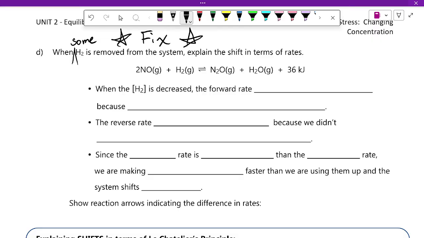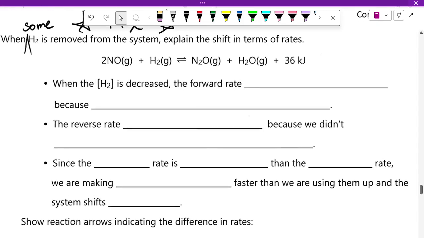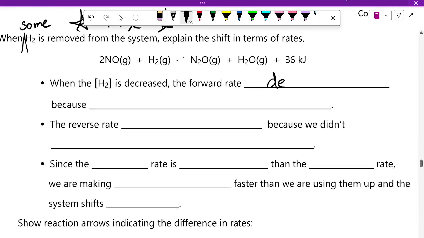So when H2 is decreased, what happens to our forward rate? It decreases, yes. And why is that?